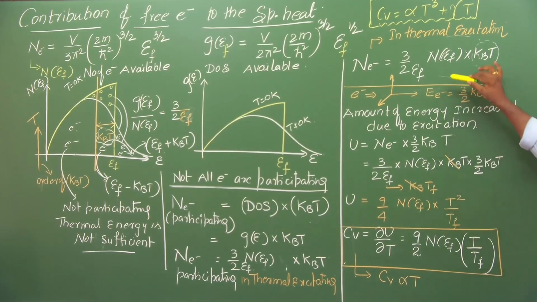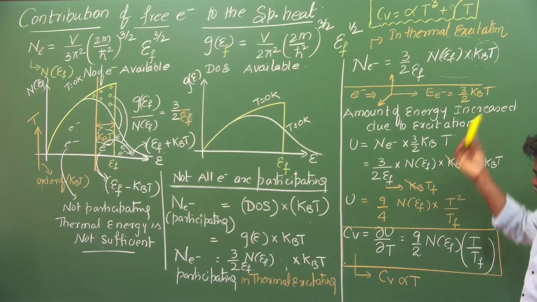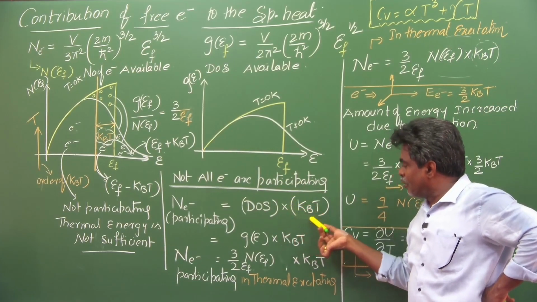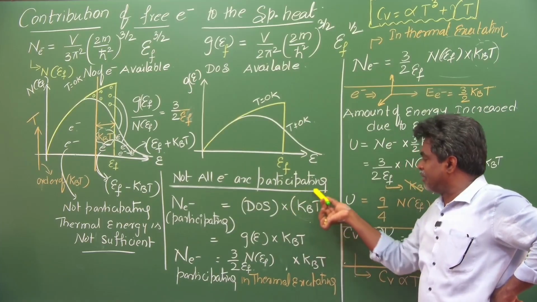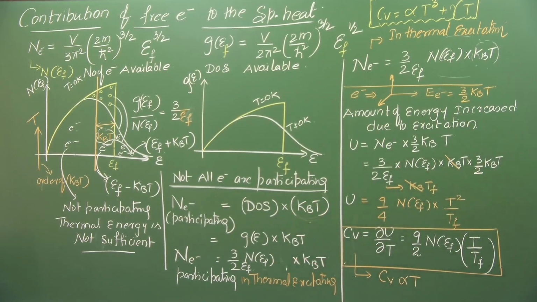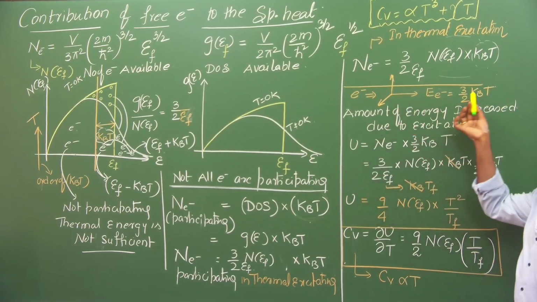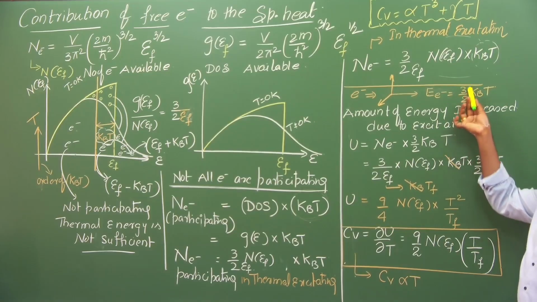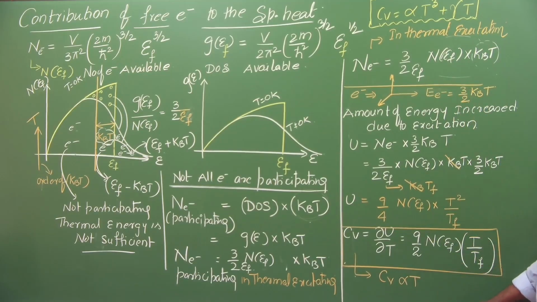These are the electrons which are participating in the process. We got this from the density of states available, but we want only those electrons which are within this energy kBT. We multiplied by kBT and got that number, and after that each electron has 3 degrees of freedom. Every degree of freedom contributes a half kBT. That's why 3 by 2 kBT. Just multiply and you will get it.